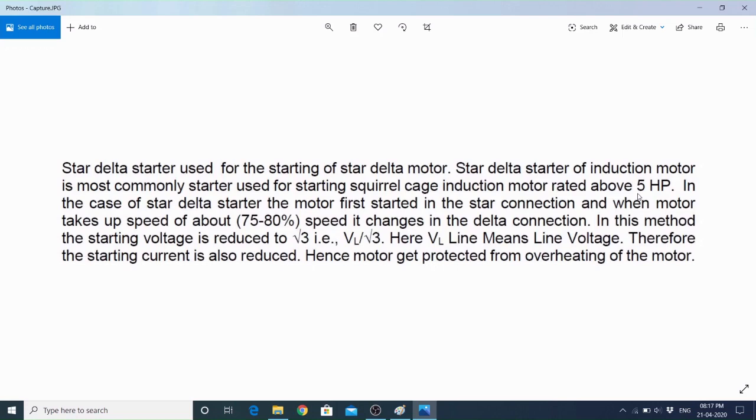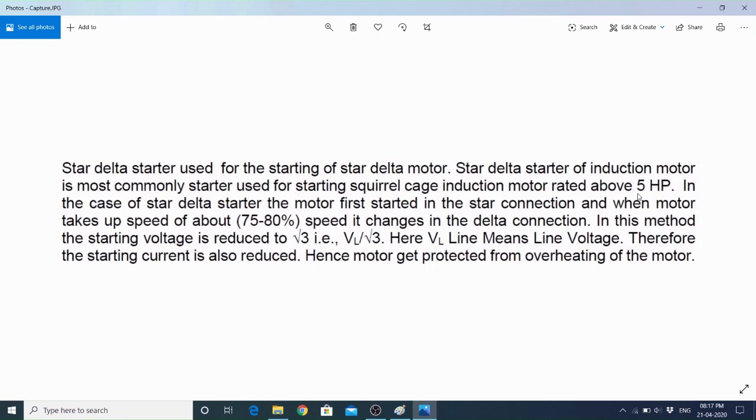Okay, in case of the start delta starter, the motor is first started in star condition, and when the motor reaches a speed of about 75 to 80% of the rated speed, then it changes to delta connection. In this method, the starting voltage is reduced to VL, that is line voltage, by √3 times.